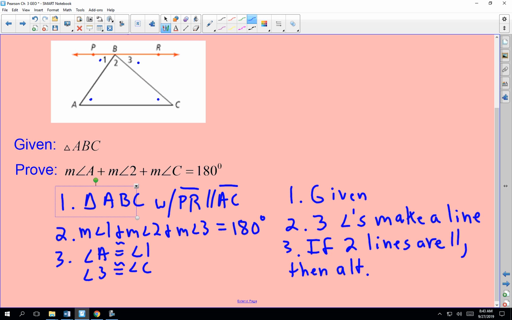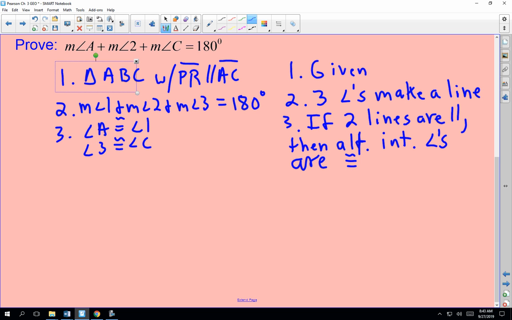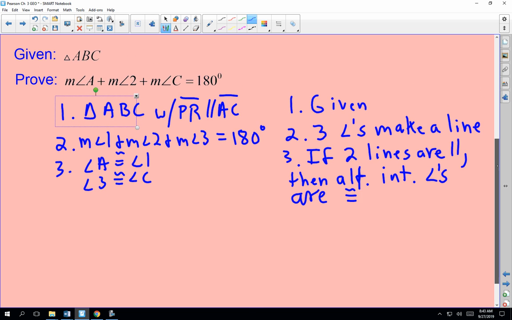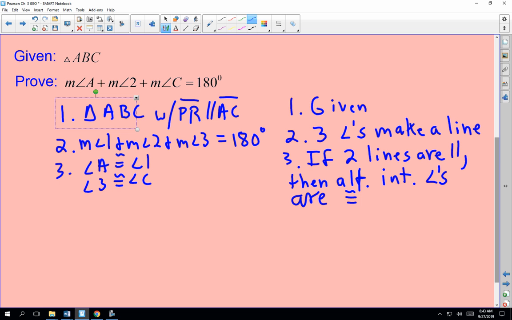We'll do ALT for alternate, INT for interior angles are congruent. This thing is a little touchy today. So it says if two lines are parallel, then alternate interior angles are congruent.